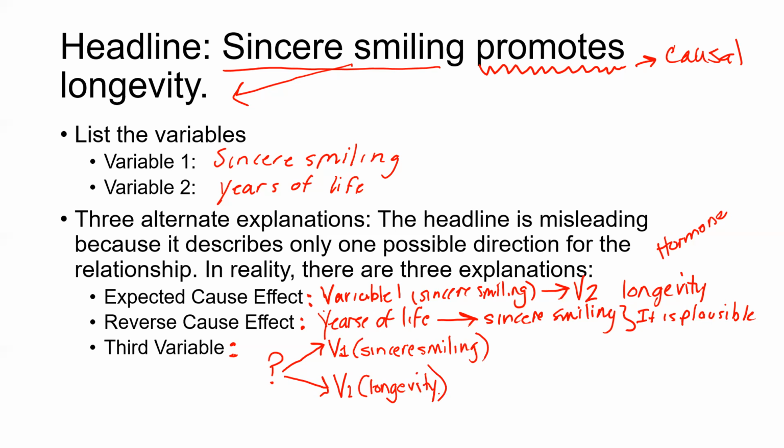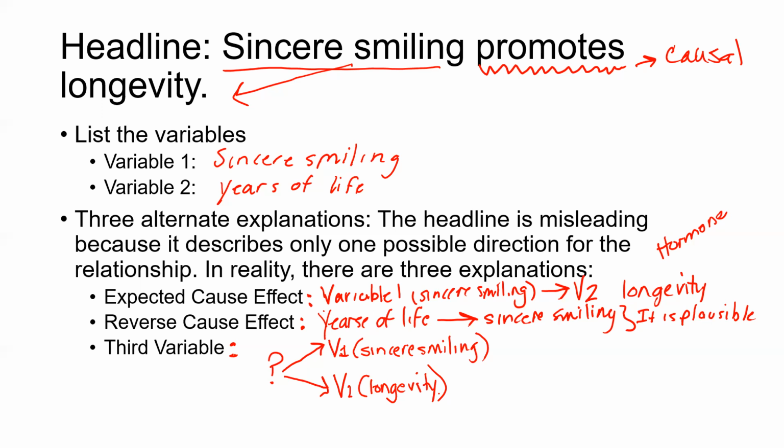Can we think of anything like that? What would cause a person both to have more years, to have a longer life, to have a greater age, and to give more sincere smiles? Okay, overall health or happiness.